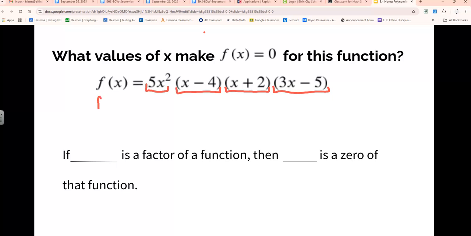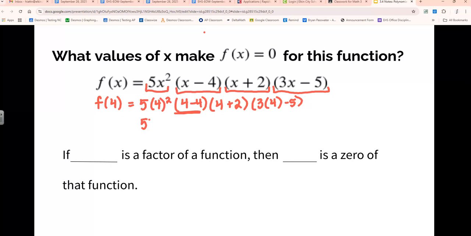So if I plug in 4, I would have 5 times 4 squared times 4 minus 4 times 4 plus 2 times 3 times 4 minus 5. Well, I know that this is going to equal 0 because of this factor right here.